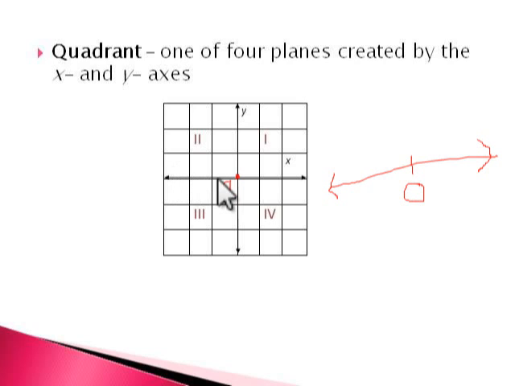Now, the y-axis, the vertical one, is the same thing. Remember, there's the vertical chart in my classroom right by the smartboard. So if this is 0, then this is 1, 2, and 3. These would be the negatives, -1, -2, -3.